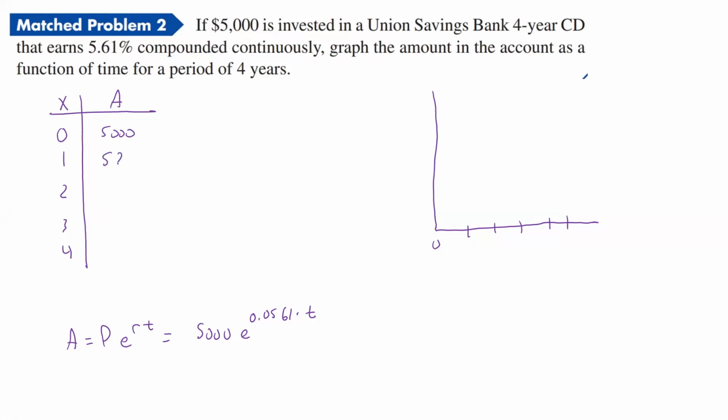That was 5,288.52, and this was 5,593.68. This is 5,916.46, and this is 6,257.86. And again, we're going out to two decimal places because this is to the nearest penny, and that's what we're going to be looking at.